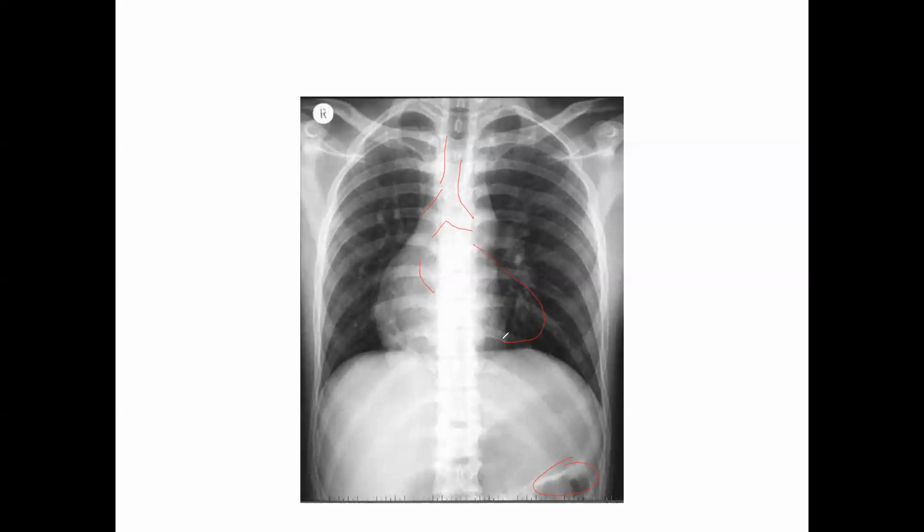So the heart should be oriented as such so that the apex points towards the patient's left, and the base is oriented more on the patient's right hand side. So ultimately the heart should kind of be looking that direction.